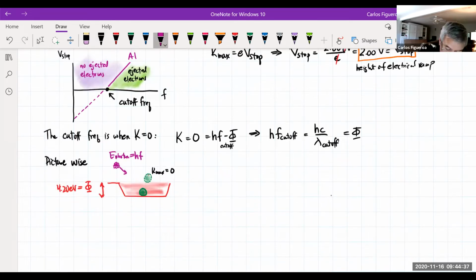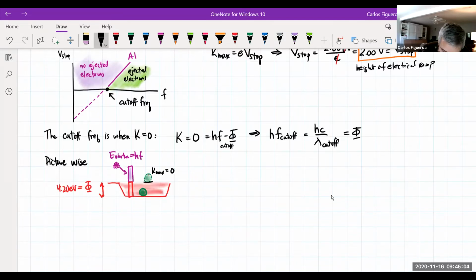That the energy of the photon, this is the energy of the photon, has to equal the energy of the well, but the well is negative. So you could see that in this bar diagram, they're equal and opposite.